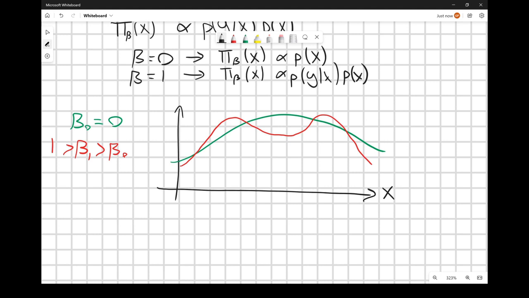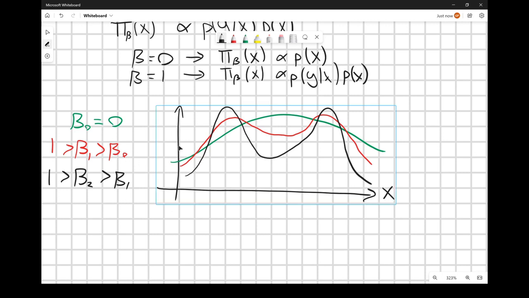Then we're going to increase beta again, so I'm going to have a beta 2 that's larger than beta 1, but let's say for now it's still less than 1. And again, now the likelihood is even more influential, so you might get something that looks a bit like this. So you can see that when we do this, for low values of beta, it's generally easier to explore the space.